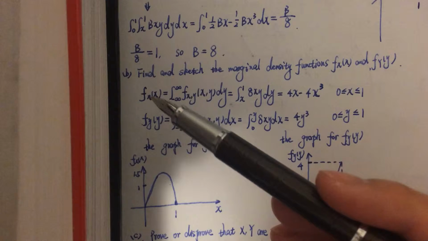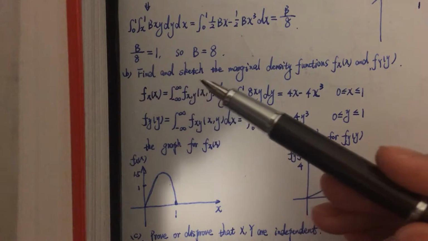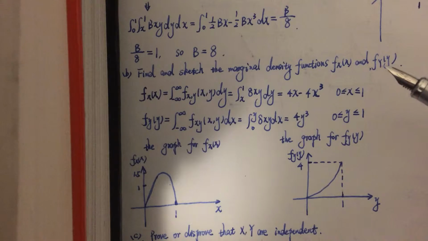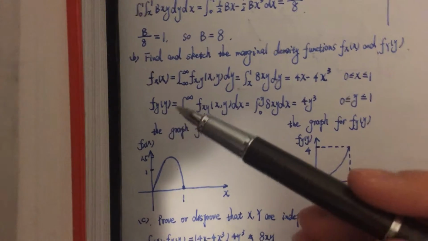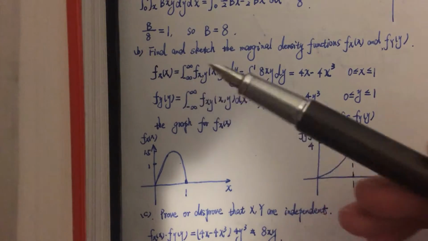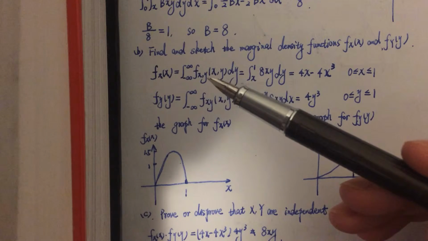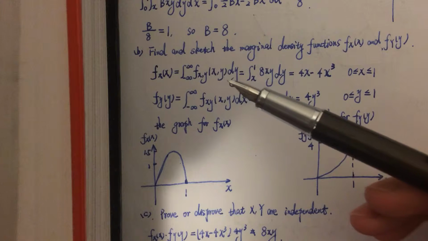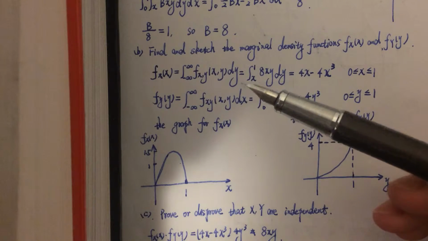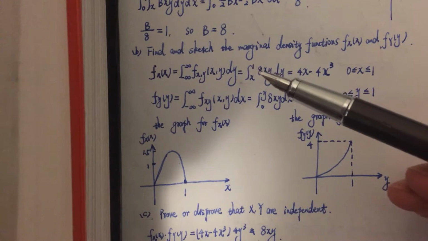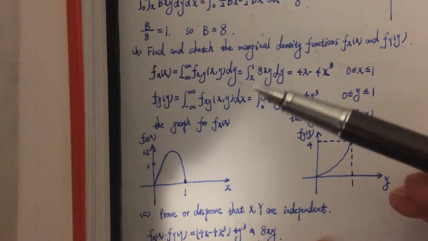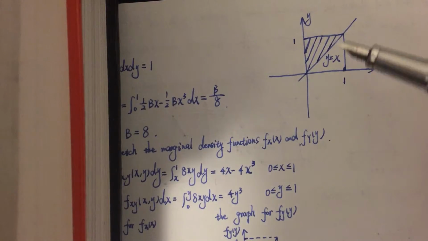The second question is to find and sketch the marginal density functions fX of x and fY of y. First, for fX of x, we integrate f(x,y) dy, and the limit of this integration is from x to 1, just according to this graph.